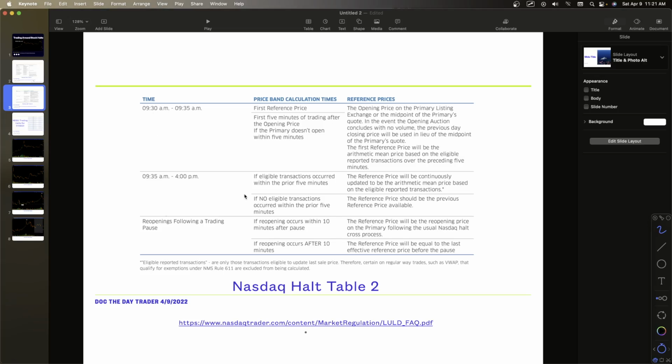From 9:35 to 4, you have this. There are a lot of different factors involved. Some people have that memorized, and they say, hey, I can tell you exactly when this particular stock's going to halt because it fits under this particular tier with NASDAQ. And that tier says that once it goes up 10% in 5 minutes, it's going to halt. You're certainly welcome to memorize that. Just visit that website and you can get all of those parameters.